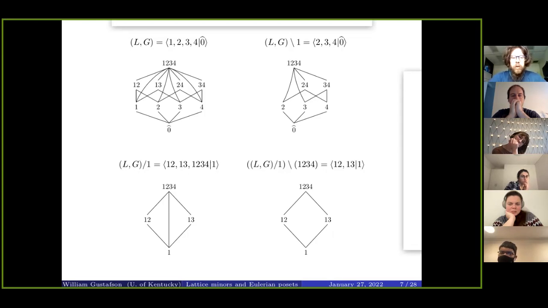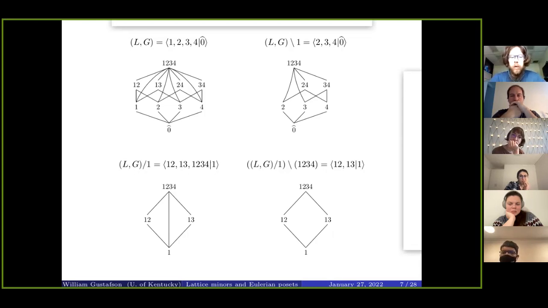And then bottom right is if I take that contraction and delete the generator 1234, I still have the same lattice. 1234 is no longer a generator, but it's still an element since it's a join of 12 and 13. Okay, so that's our notions of minors for generator enriched lattices.